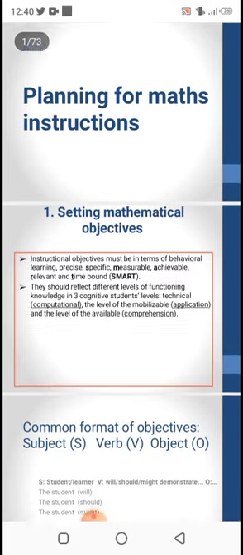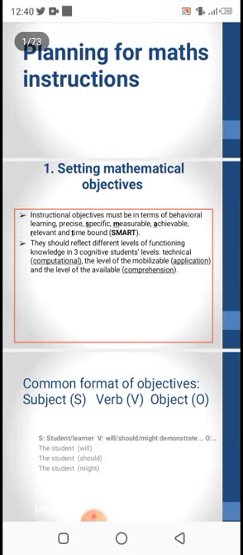Firstly is setting mathematical objectives. Instructional objectives must be in terms of behavior, precise, specific, measurable, achievable, relevant, and time-bound. In abbreviation, we say that it is SMART.